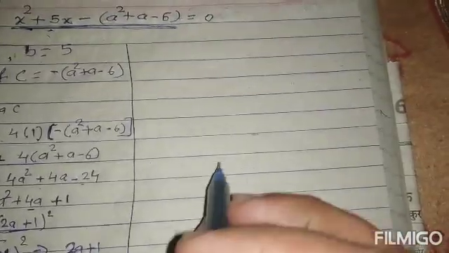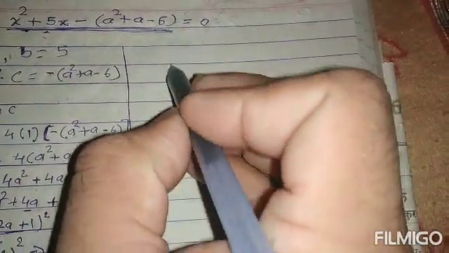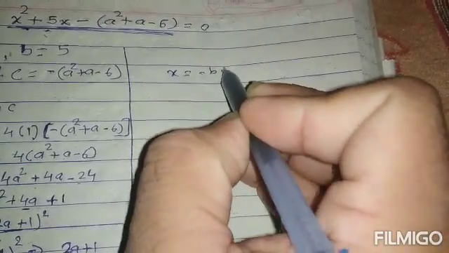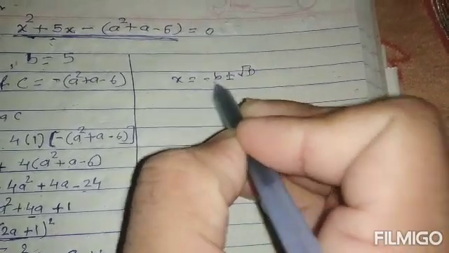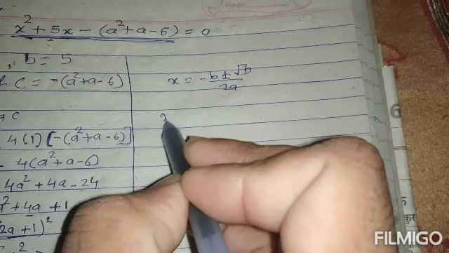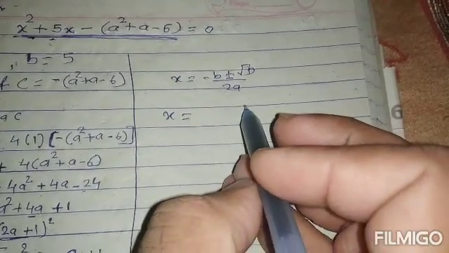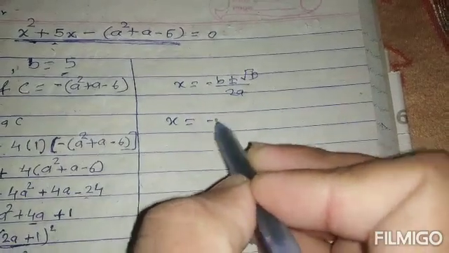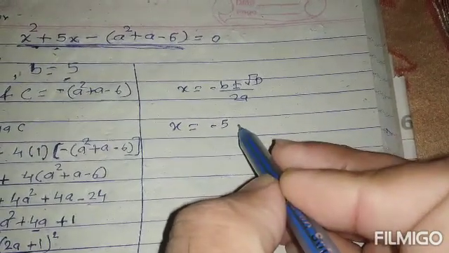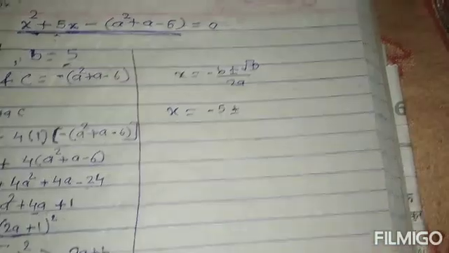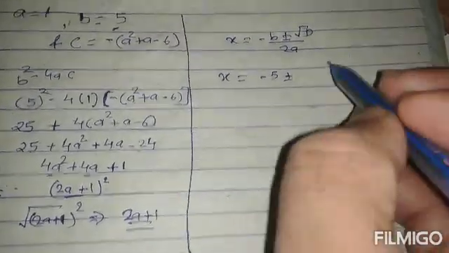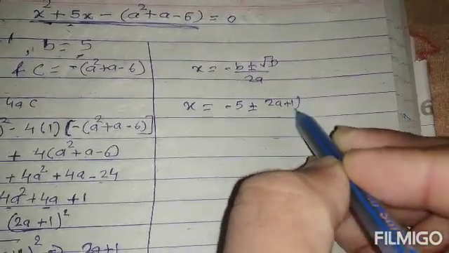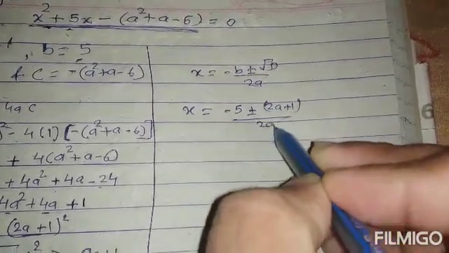Now we have a formula, the quadratic formula, given by x equals minus b plus minus under root d upon 2a. Therefore x equals, here b is 5, so minus 5 plus minus, and the value of d is 2a plus 1, upon 2a.